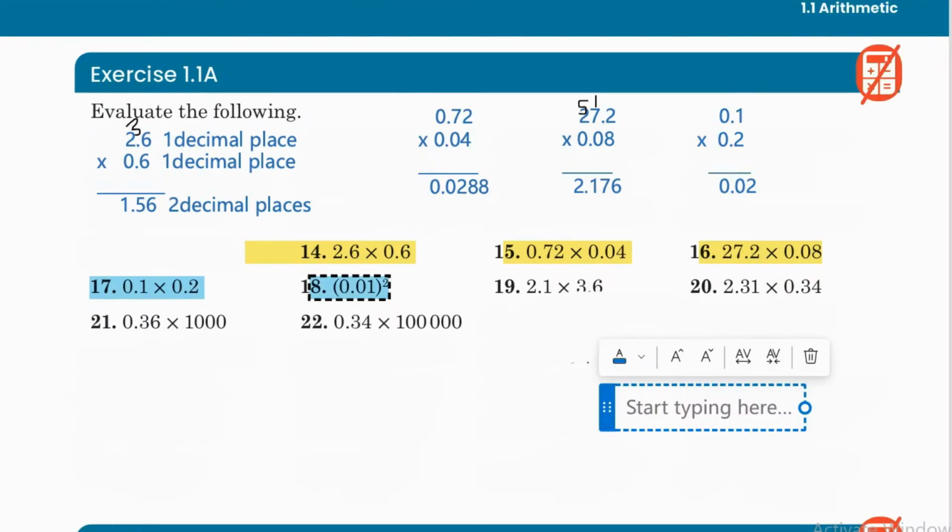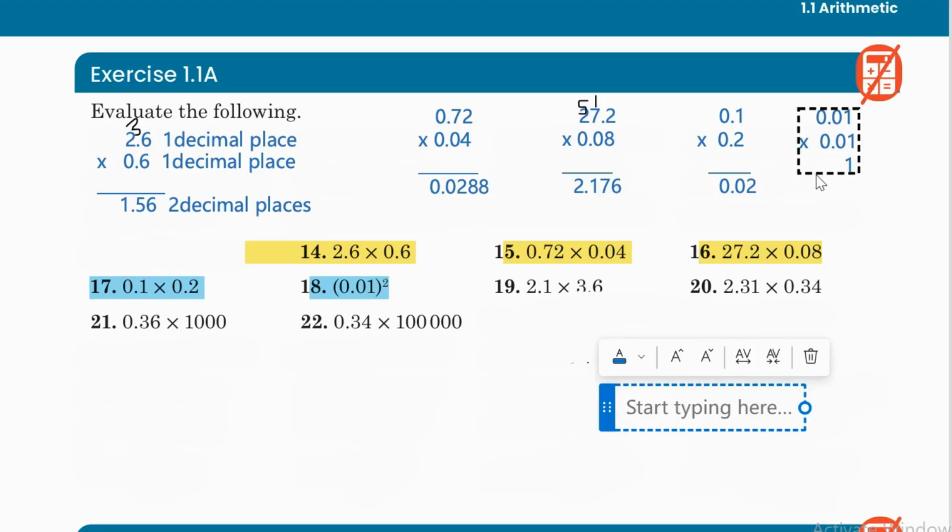Question number 18. 0.01 squared means 0.01 multiplied by 0.01. Squared means multiply the number by itself. So this is what we are doing. And while working, we do not consider decimals in case of multiplication. So 1 times 1 is 1.